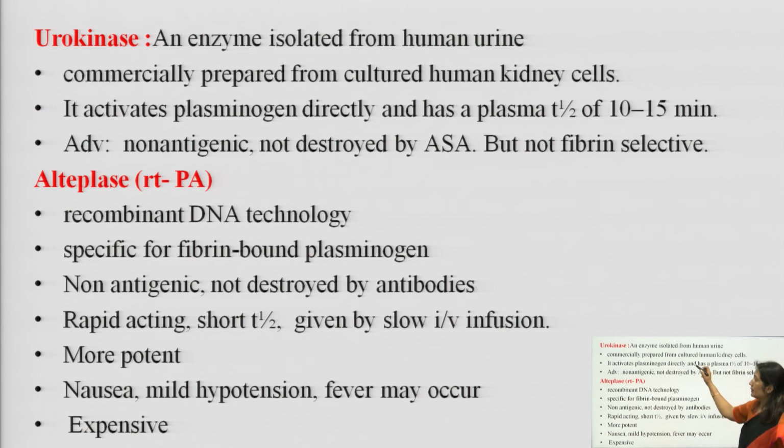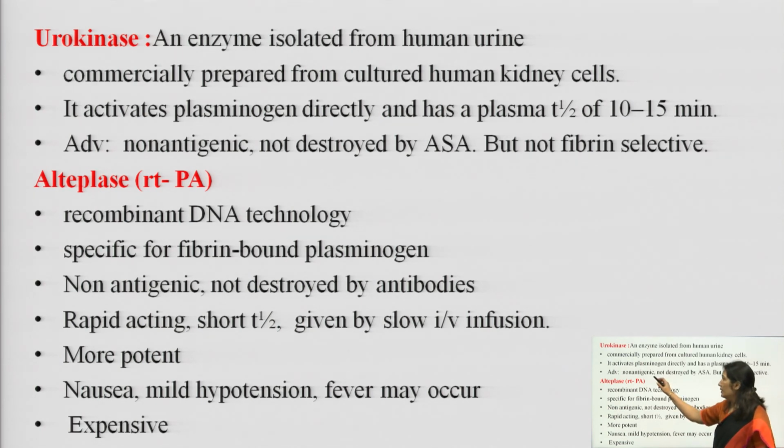Other fibrinolytics are urokinase. It is an enzyme that is isolated from human urine. It is commercially prepared from cultured human kidney cells. Urokinase activates plasminogen directly and has a plasma half life of 10 to 15 minutes.